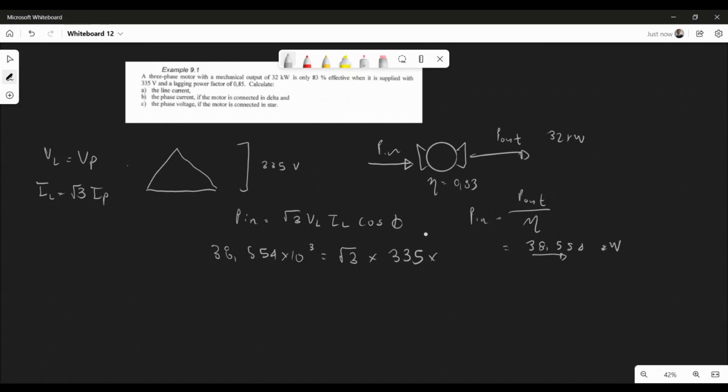Times your power factor 0.85, and obviously times your line current. So if you're going to solve this, let's find your line current. I encourage you to do that. That'll be your line current over there.